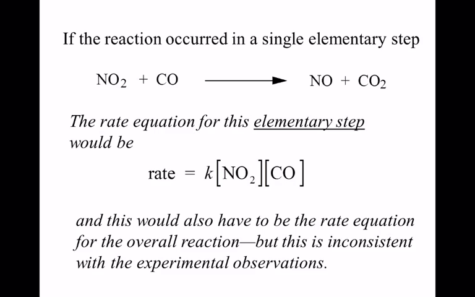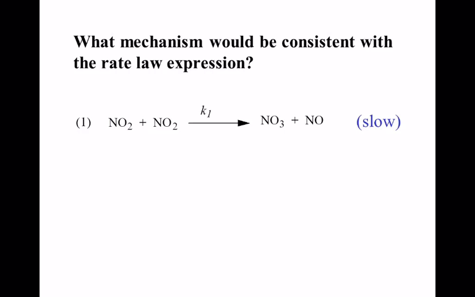The way this sort of problem works, oftentimes in homework and on the test, is I will give you a proposed mechanism and you have to prove that it's right or wrong. So first step, slow. Okay, so actually that makes sense because we can use molecularity.